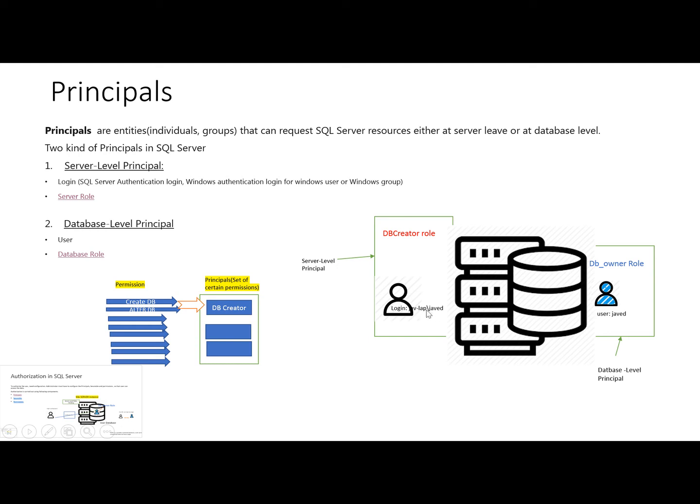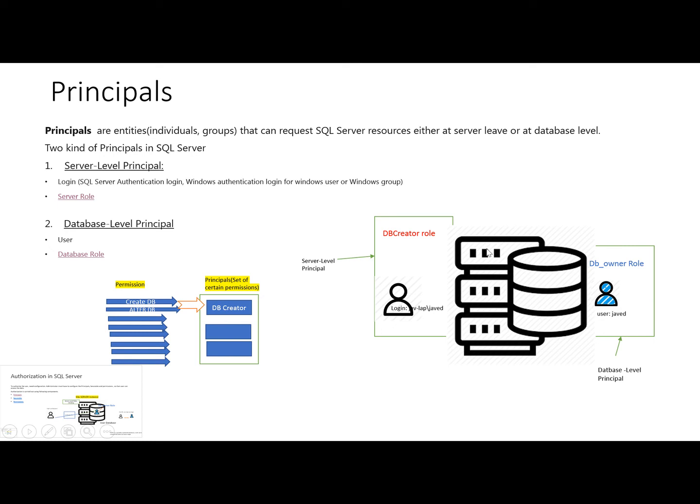To understand server level and database level principals, here is the diagram. This is a Windows login, and when this login connects with SQL Server, SQL Server will authenticate it. If its authentication is successful, the login will be logged in to SQL Server. After logging in, SQL Server will check what it can do at the server level.